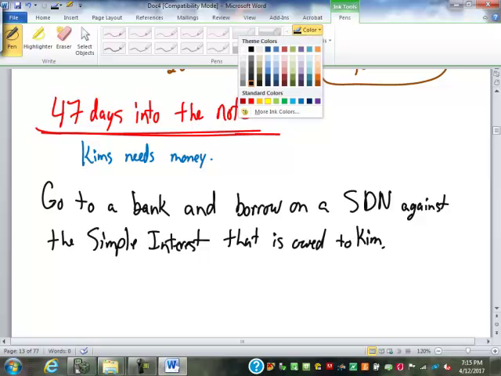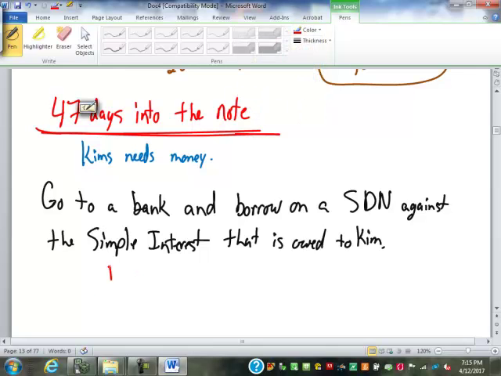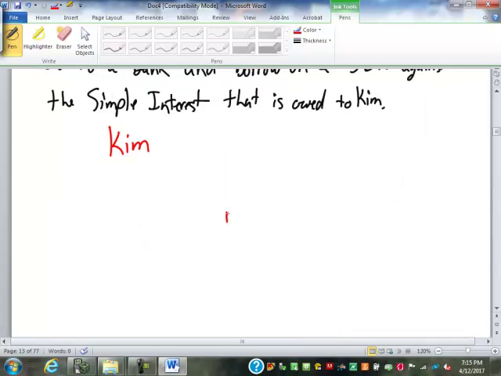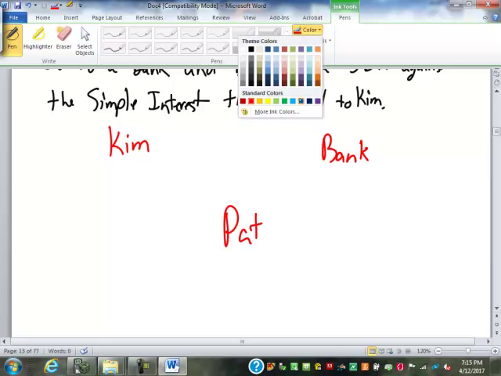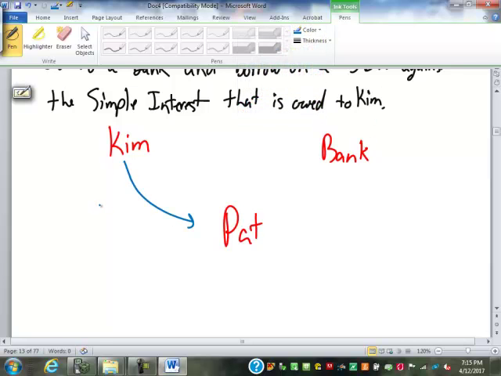So right now we have Kim, we have Pat, we have the bank. Kim lent money to Pat, and now the bank lent money to Kim.